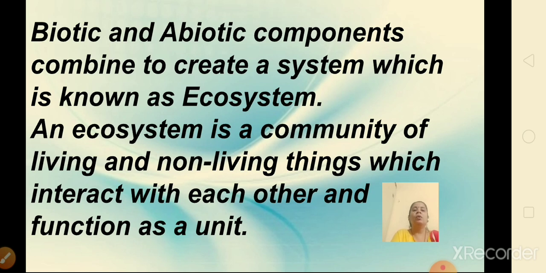Now all those living things are biotic components and non-living things are abiotic components. An ecosystem contains living and non-living components.